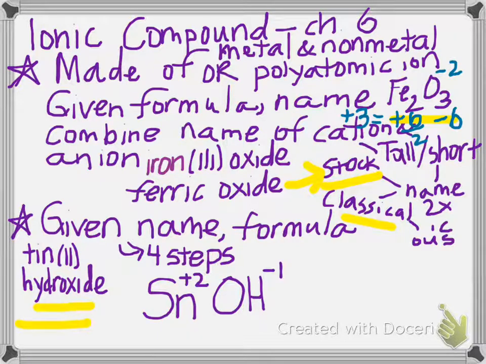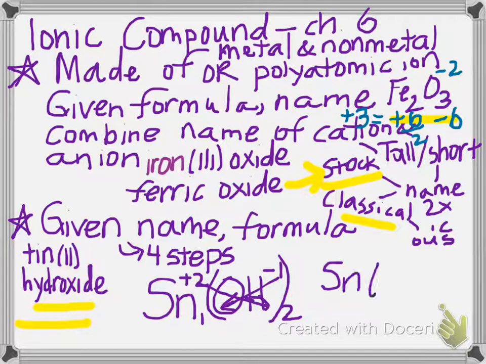So I have my symbols, I have my charges, I'm ready to crisscross. This 2 is going to come down here. But I have a polyatomic ion, so I need to put it in parentheses. And this 1 is going to come down here. So I write this as Sn, OH in parentheses, outside my parentheses 2.